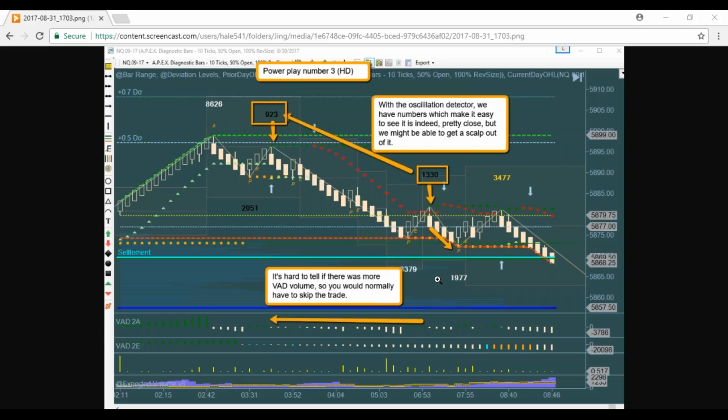Does that make sense? As in possible ways to use the oscillation detector in conjunction with VAD, especially when it's just not quite clear on VAD, and those numbers kind of make it a little more clear. Okay.